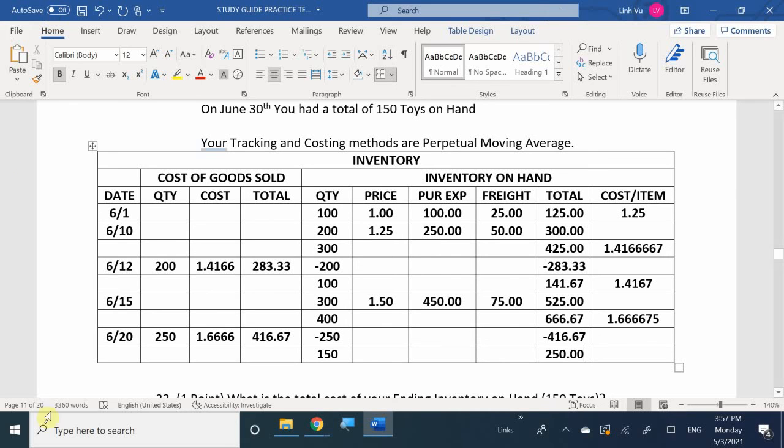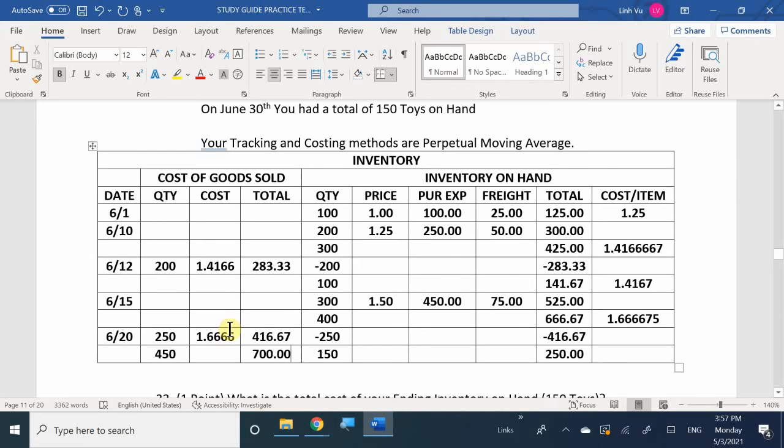Okay. And of course, go ahead and add up your total on this side. If I sold a total of 450 items, what is my total cost? $700 even.